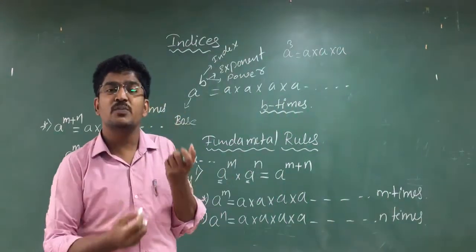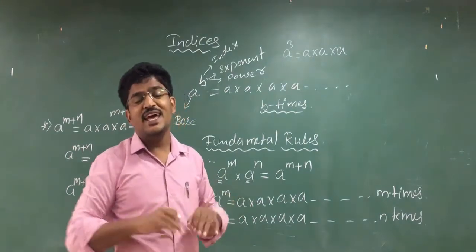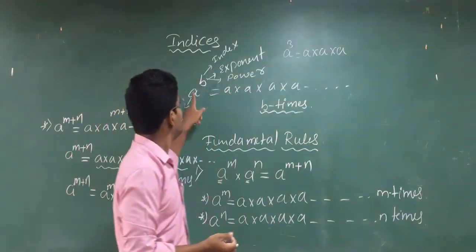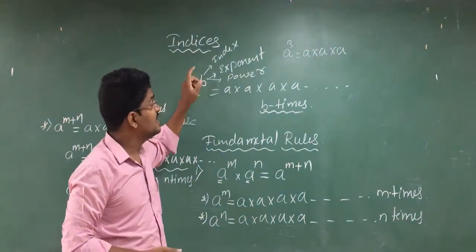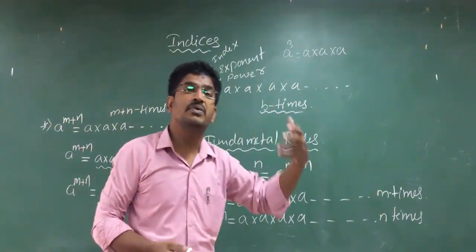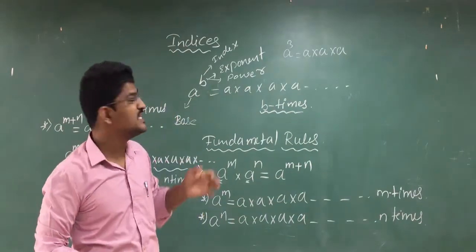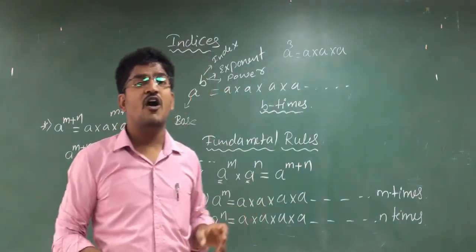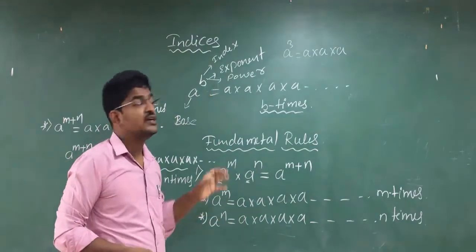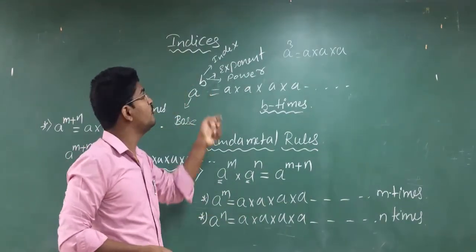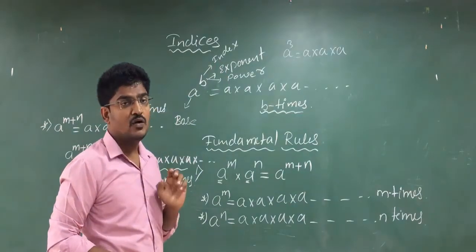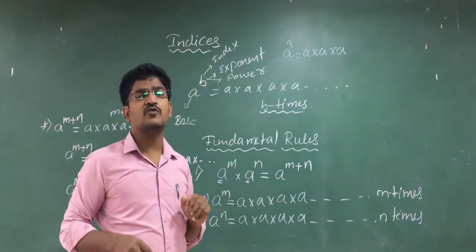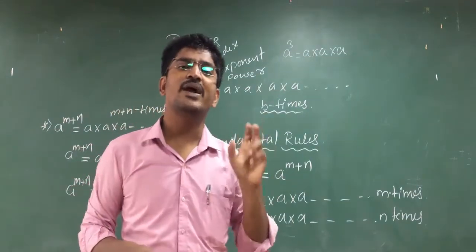If I write a to the power of 4, then a is multiplied for 4 times. So on. If I write a to the power of b, a is multiplied for b times. Clear, students? So that is the definition of exponential form, or index. Indices is the plural form of index.